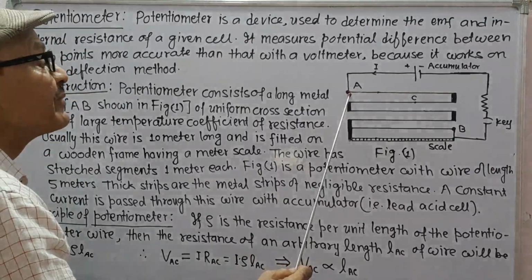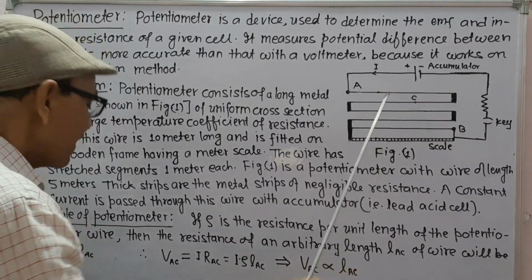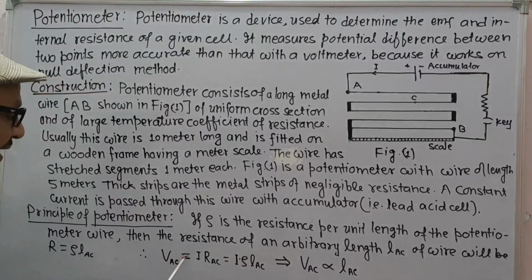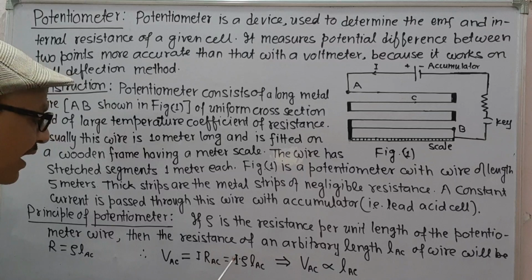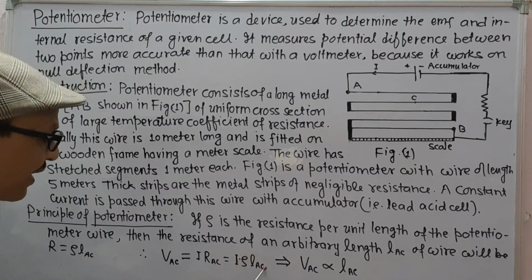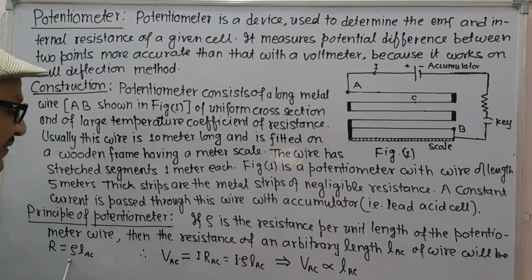Therefore, potential difference between points A and C will be V_AC equal to I into R_AC, which is I into rho into L_AC.